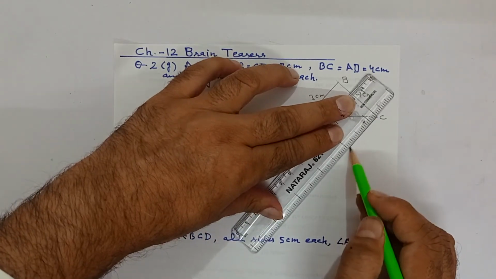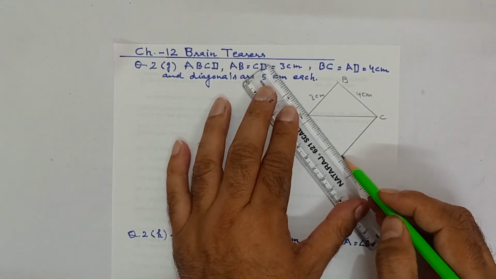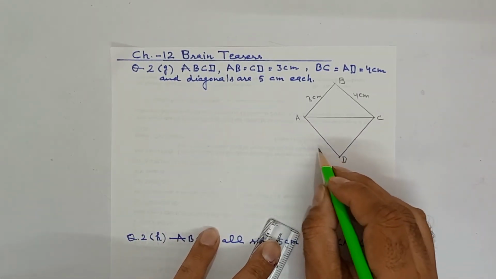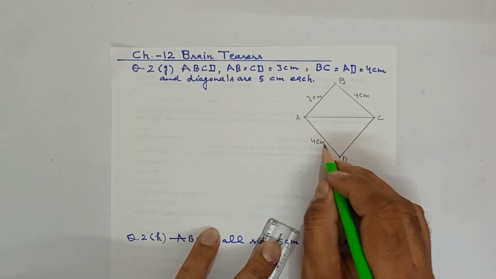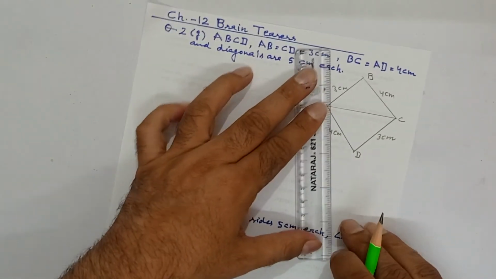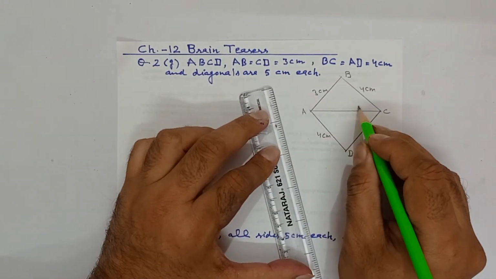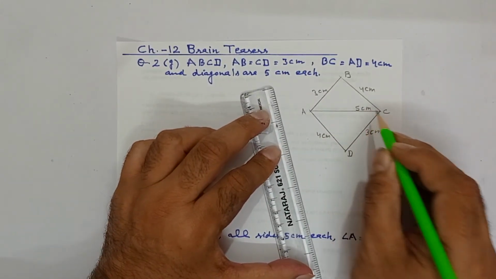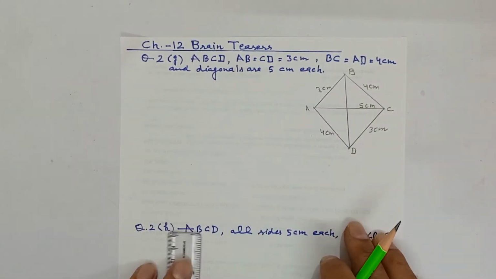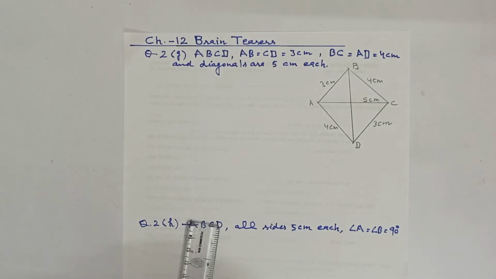Similarly, this way I have drawn, this is AD 4 centimeter and CD 3 centimeter. And AC you have taken 5 centimeter, and when you join this diagonal BD, it will also come as 5 centimeter. Later you need to find out which type of quadrilateral this is. Type of quadrilateral is to be written.